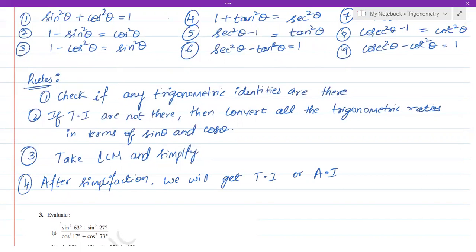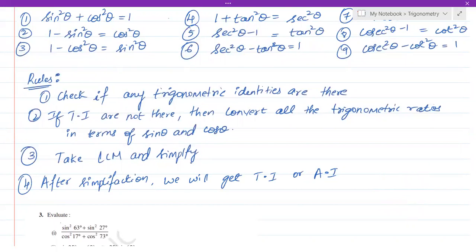After simplification, either you're going to get one of these 9 trigonometric identities, or algebraic identities like a plus b whole square or a square minus b square. The most used is a square minus b square. Or a cube minus b cube, or a cube plus b cube. These three are the most common identities that you get after simplification.